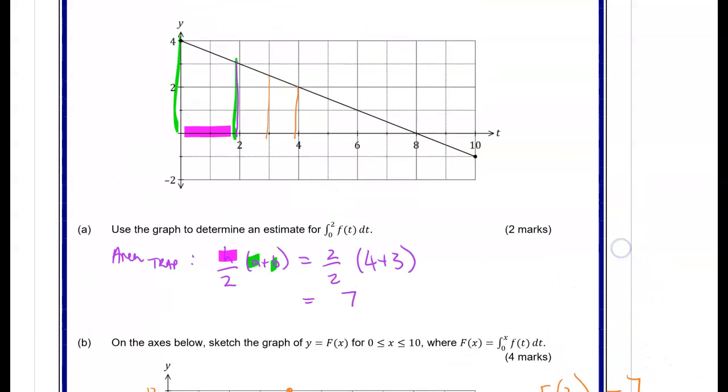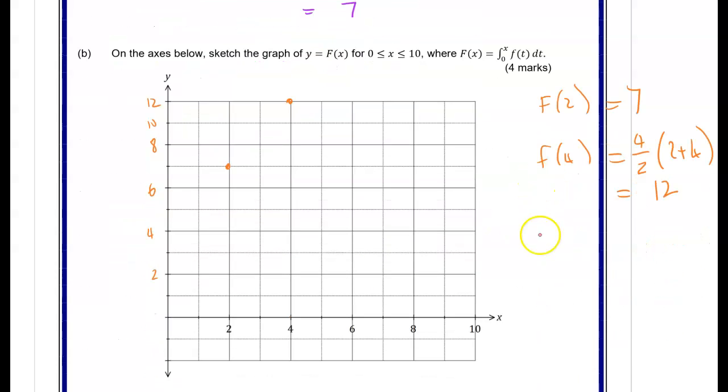And then at 6, a bit more. So this time the height of the trapezium at 6 is 6, I think.